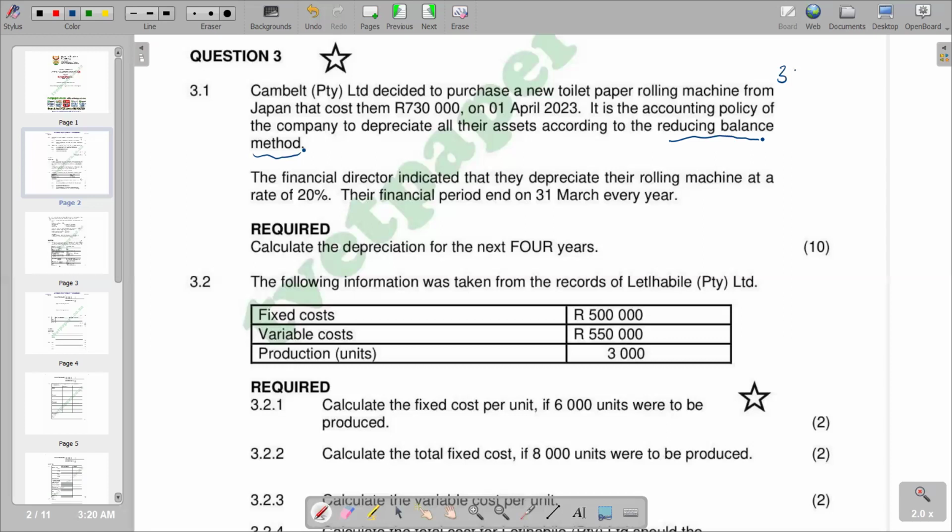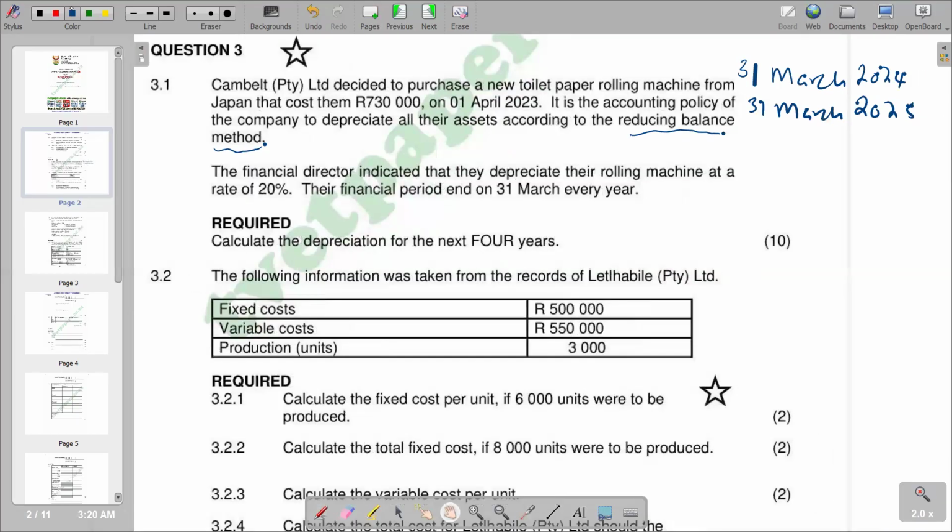That's when we have our first year ending, and the second year ends the following year, 31 March 2025. Then the next financial year will again be 31 March 2026.